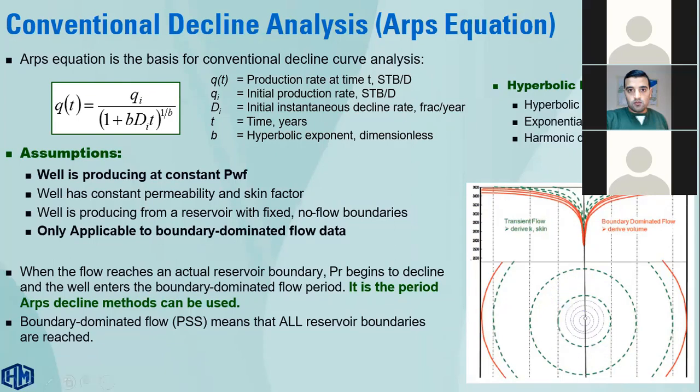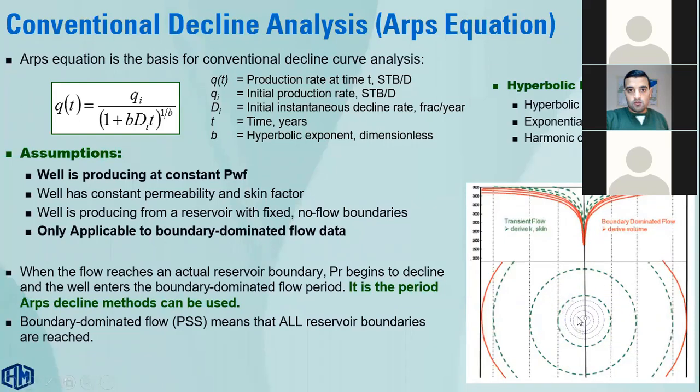In this animation, as you can see, I will simply discuss the different flow regimes. We can assume we have a vertical well in the center of a circular homogeneous reservoir. Initially, with no production, the reservoir pressure will be constant at Pi. Once we start production, we have a pressure transient, as you can see in this animation, created at the wellbore.